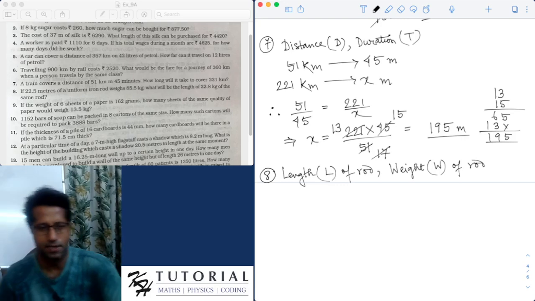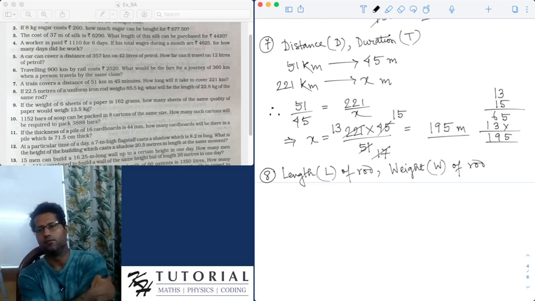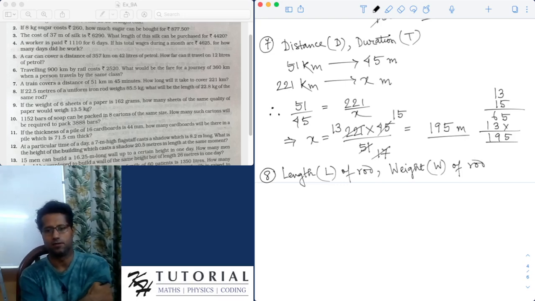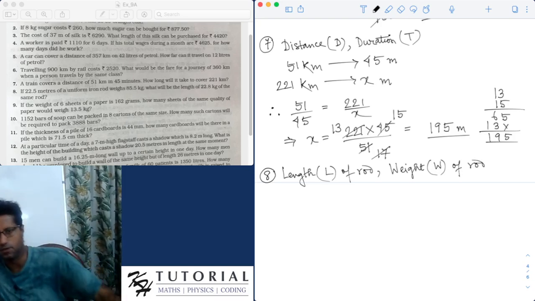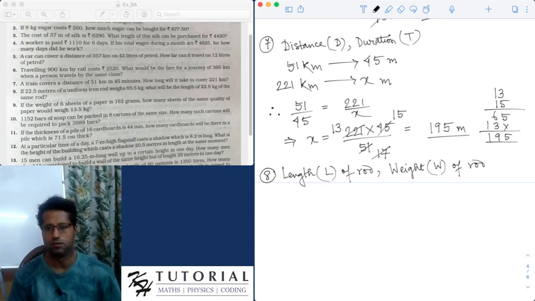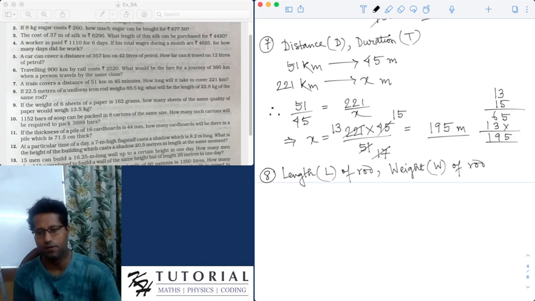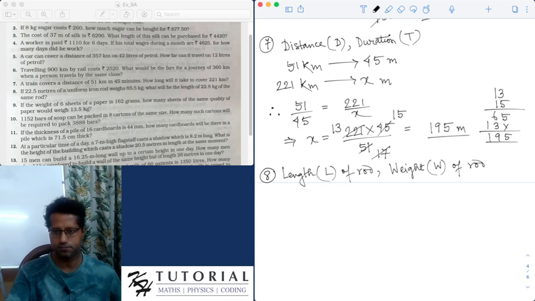This is because the density of the rod is same. If the density of the rod is like the weight of the rod divided by its volume, not volume actually, I mean that the density of the rod throughout its length is same. That is the reason these two quantities are in direct proportion. So if you increase the length, the weight will increase, and if you decrease the length, the weight will decrease.